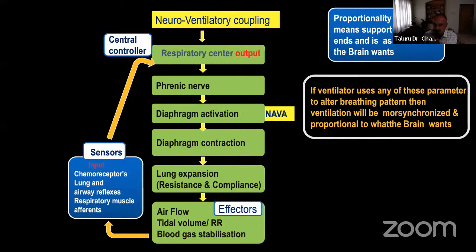We attach a pressure support to the amount of electrical activity we get from the diaphragm, and then the ventilation starts. As of today, it is considered the most physiological mode because the electrical activity of the diaphragm is proportional to the respiratory center output. So when you put a NAVA, it is almost like a respiratory center controlling your breathing. If you have access to NAVA, probably any spontaneously breathing patient should be on NAVA.